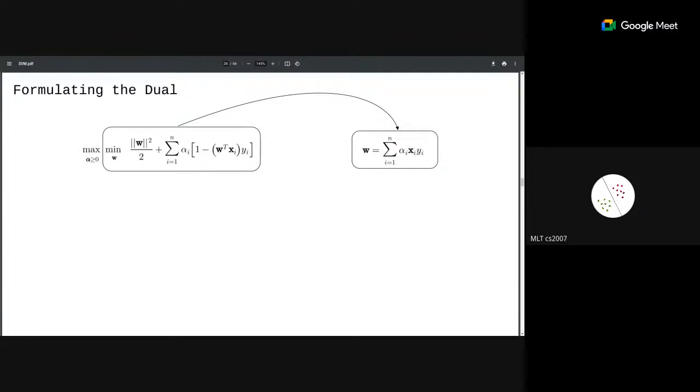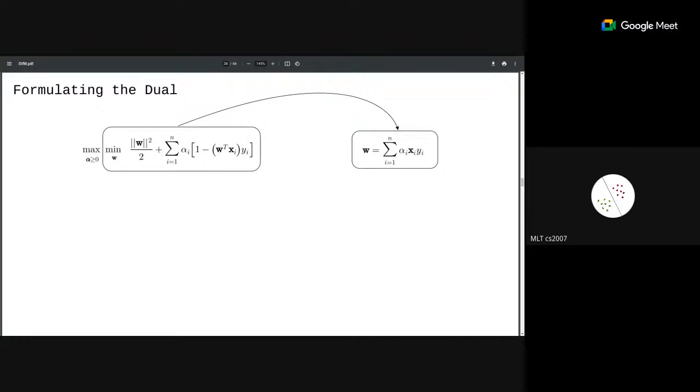All right, so any questions at this stage? How we got this? Okay, so the main thing you have to take away is that W can be expressed as the sum over data points, and alpha i is the importance given to each data point. That's the main takeaway.